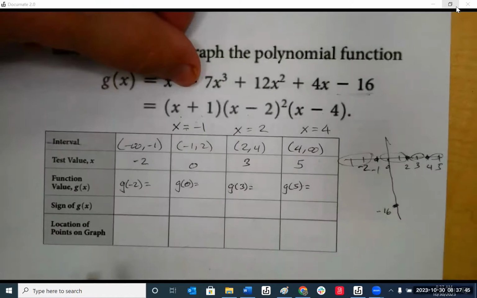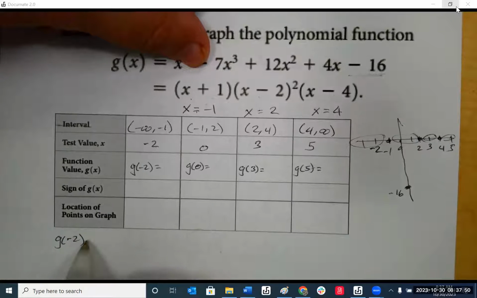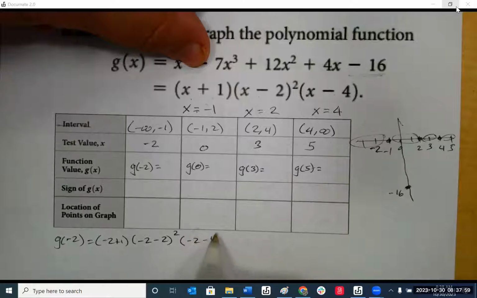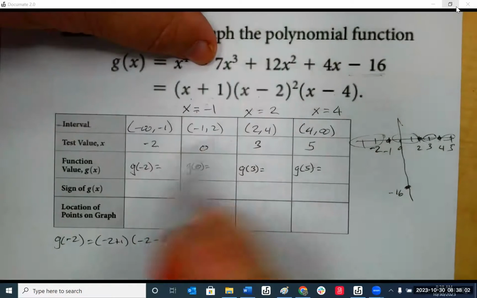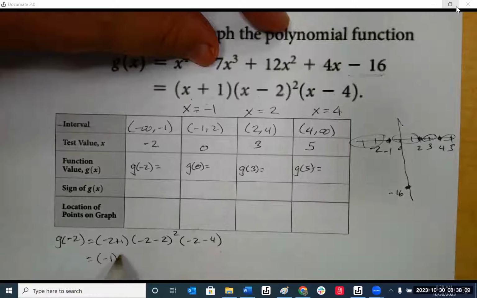For example, g of -2 is equal to -2 plus 1, -2 minus 2 squared, -2 minus 4. I'm just plugging in -2 in place of x. -2 plus 1 is -1. -2 minus 2 is -4 squared. -2 minus 4 is -6.